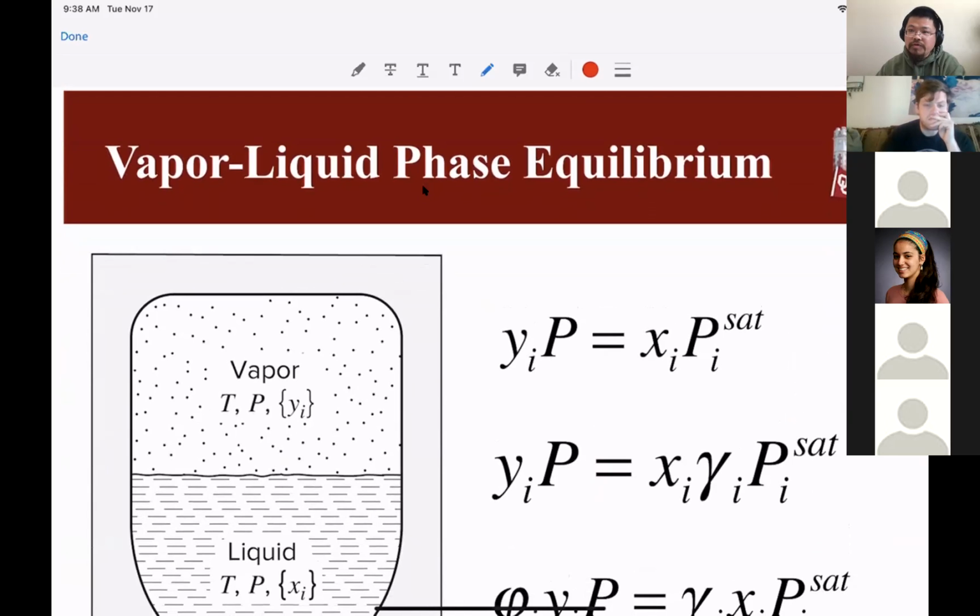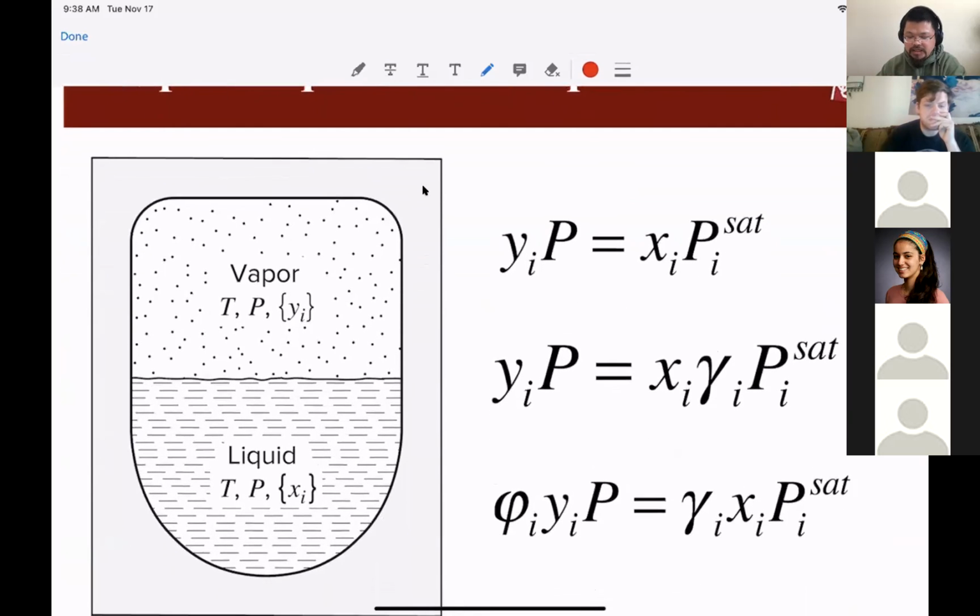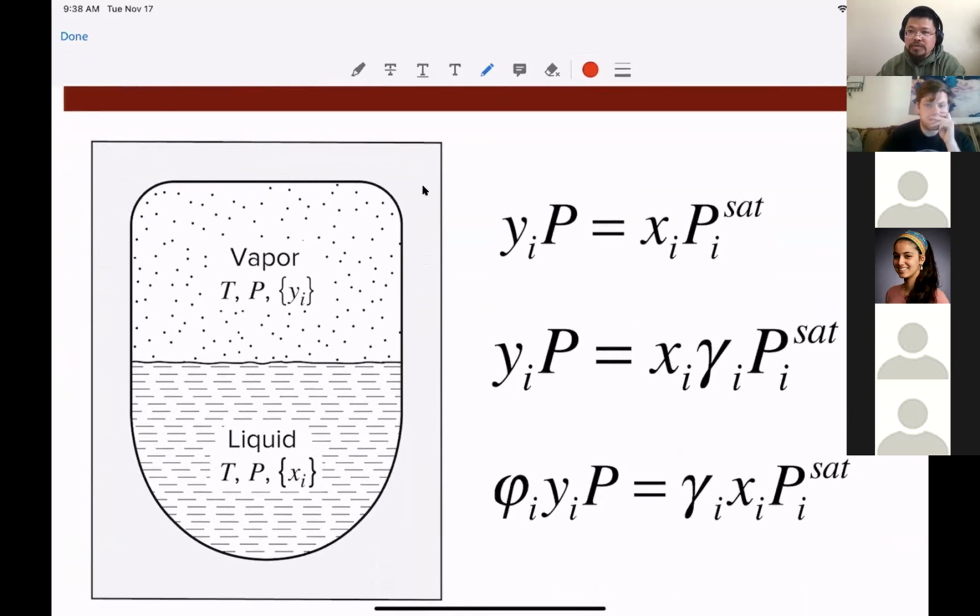Now if we move on, if we try to recall what we were talking about last lecture, we started some discussion of vapor liquid phase equilibrium. We understand the three different types of calculations. If I have a binary mixture, here using the example of liquid vapor equilibrium, then the first equation is the most simplified one.